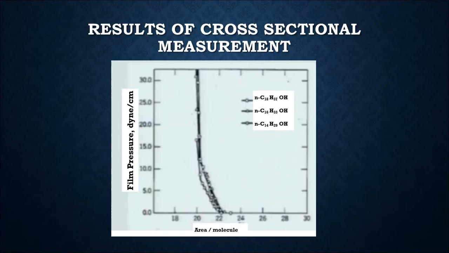So with the various solutions of carboxylic acid, Langmuir found the result of this graph, where he plotted the film pressure against the area of the molecule.